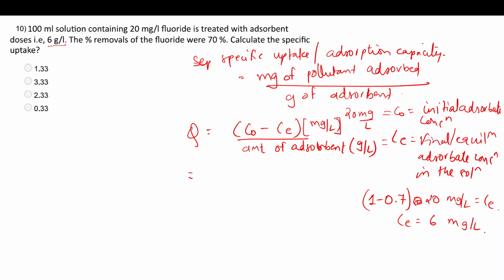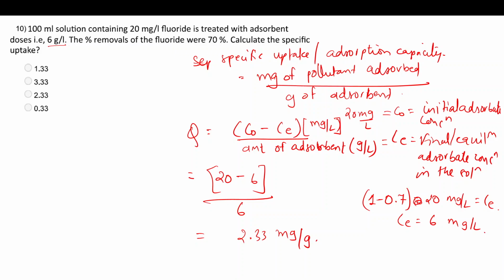So if you put in the values, C naught is 20 milligrams per liter minus Ce is 6 milligram per liter, and the dosage is 6 gram per liter. If you calculate, this should come out to be 2.33, and the unit is milligram per gram.